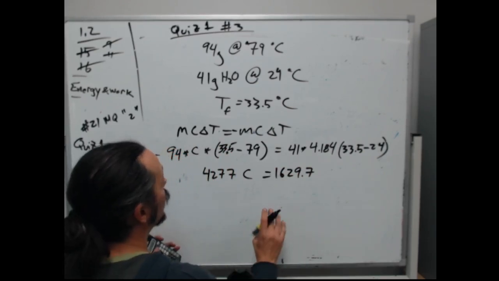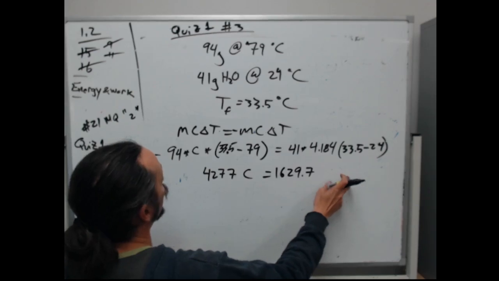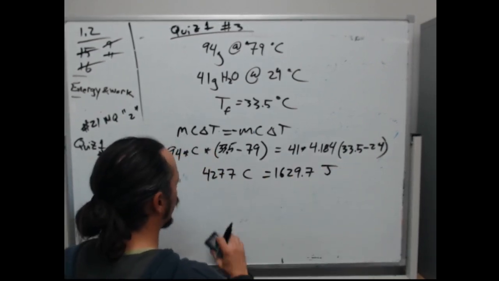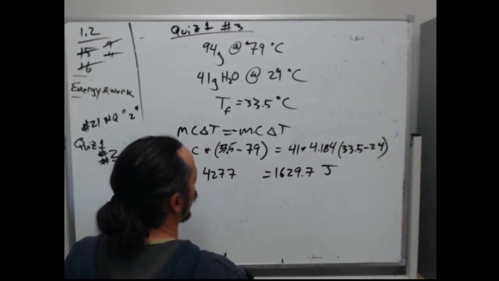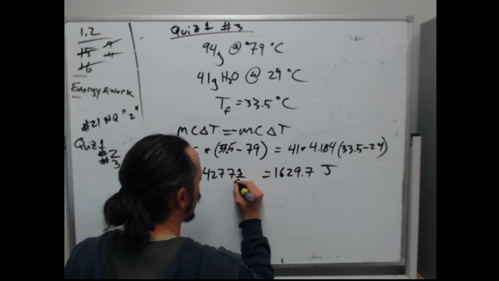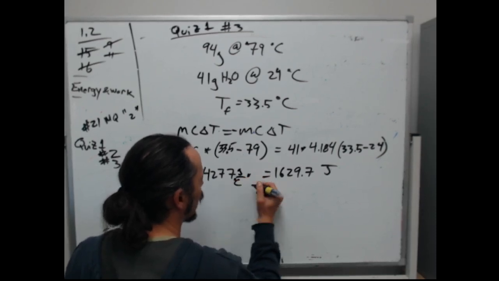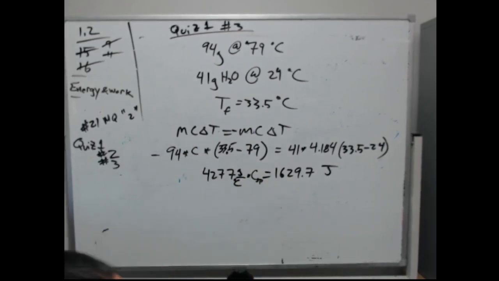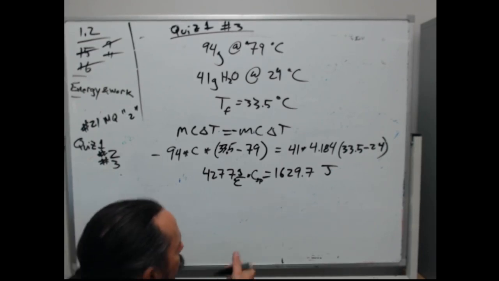Technically, if we wanted to do units correctly, this would be joules, this would be grams Celsius. This is joules. This is grams Celsius, degrees Celsius, times our heat capacity for the metal. We divide over 4277. What answer did you get?